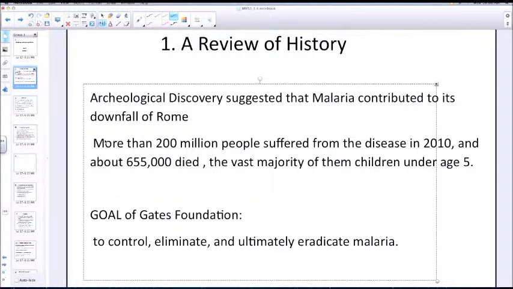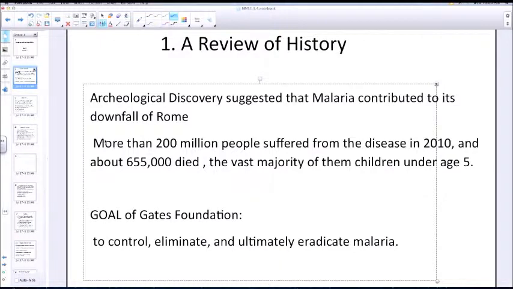Today, still 200 million people suffered from the disease, even in 2010. And about 655,000 died from the disease, and most are kids under the age of 5.